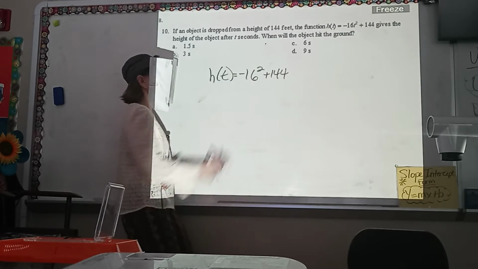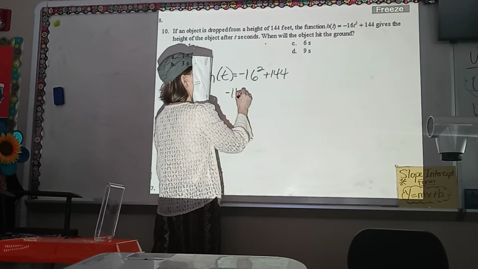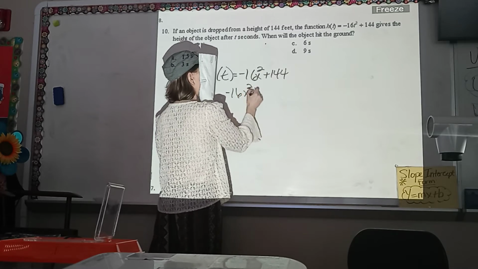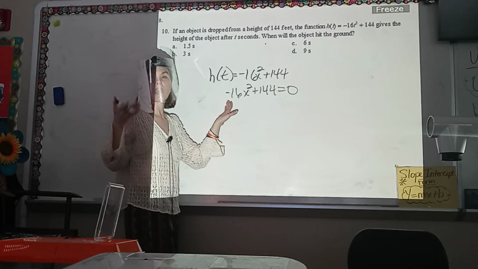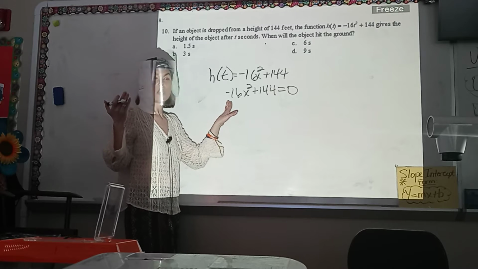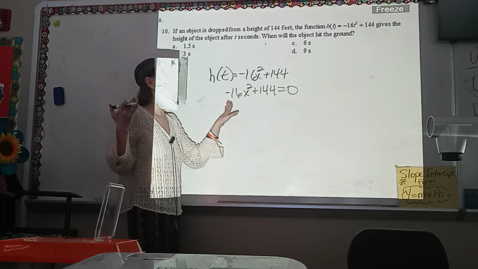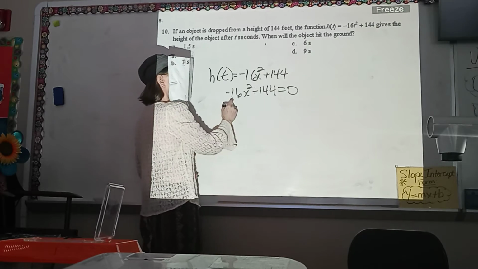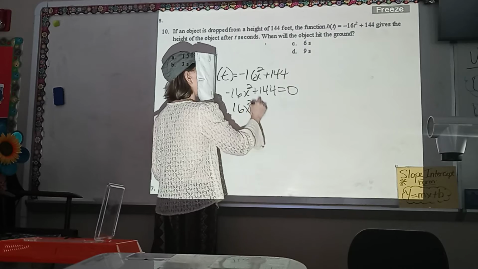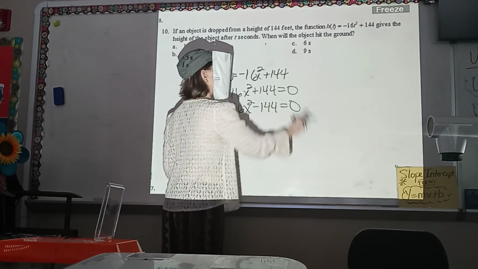Negative 16x squared plus 144 equals 0. We can't have a negative a term when we're solving, so we divide by negative 1, which makes it 16x squared minus 144 equals 0.